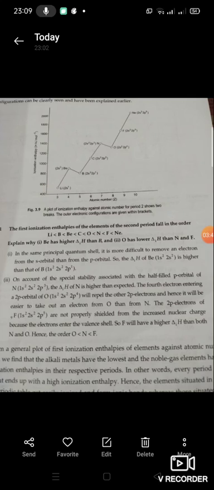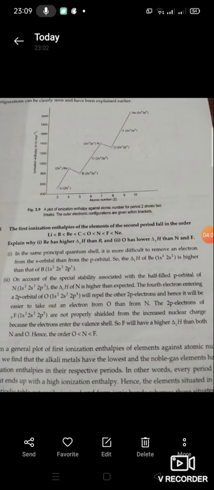The fourth electron entering a 2p orbital of oxygen will repel the other 2p electrons, and hence it will be easier to take out an electron from oxygen than from nitrogen.